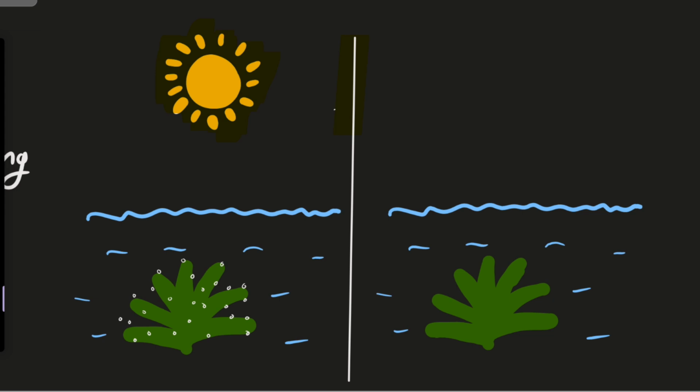When bright sunlight falls on a green plant, small bubbles were formed, while in the dark such bubbles were not found.